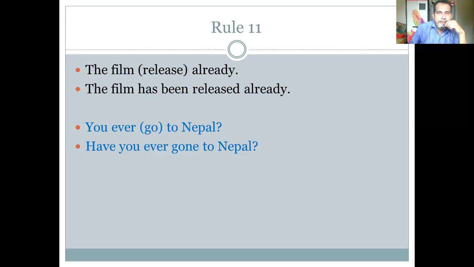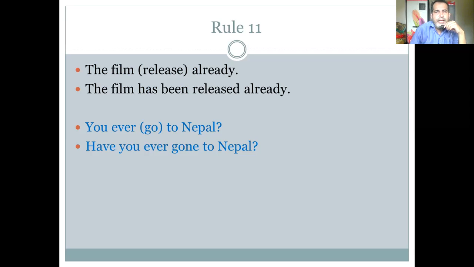Already, the signal word, the clue word, is here in this example. The film in bracket release already. So you can use present perfect and write: the film has been released already. Ever. Have you ever in bracket go to Nepal? That means, have you gone to Nepal?